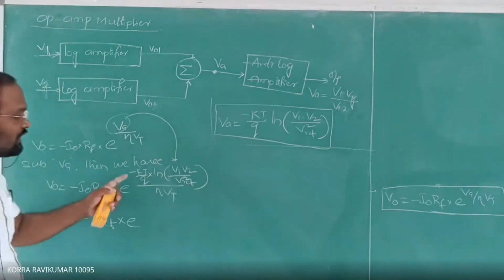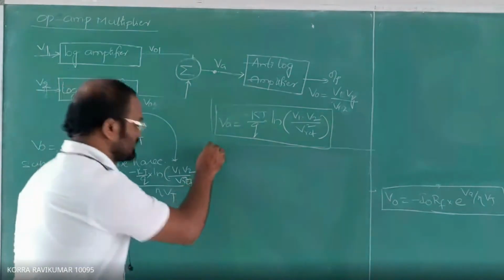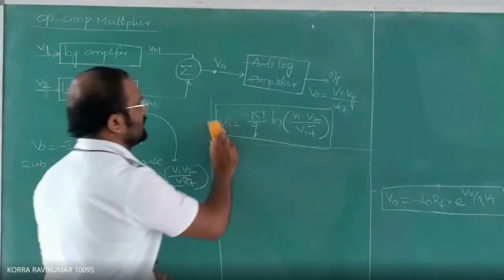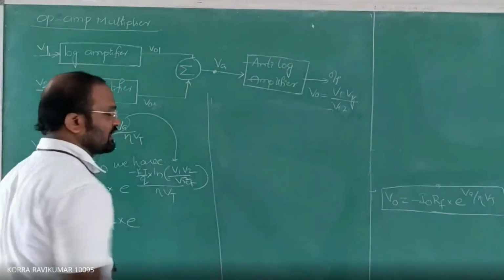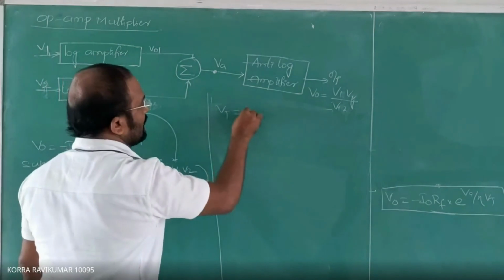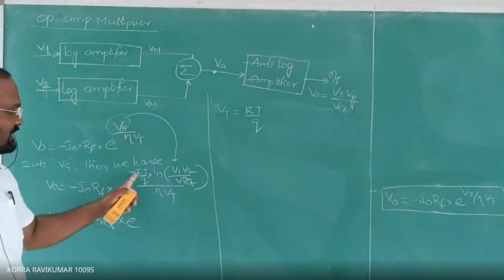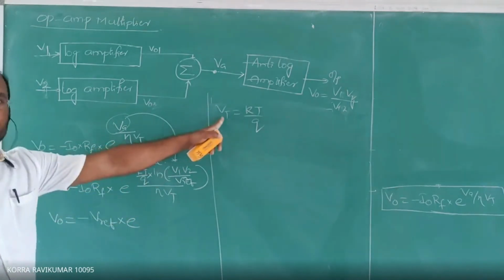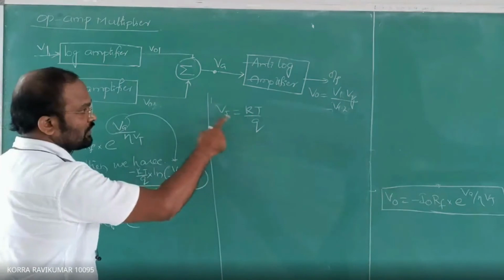Here Kt by Q is the value of threshold voltage. We know what the threshold voltage is, Vt. You can verify it from your transistor or diode equation. Threshold voltage Vt is equals Kt by Q. So replace Kt by Q with Vt. Kt by Q and Vt both are the same.